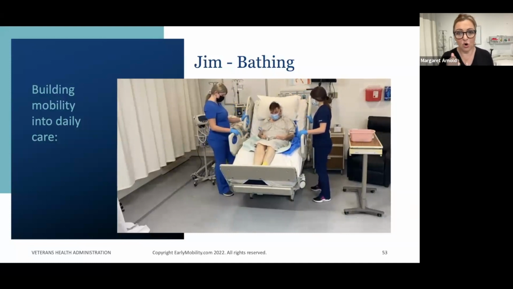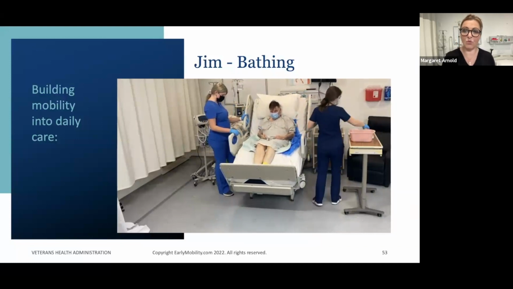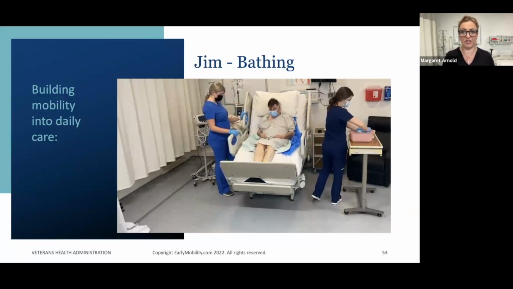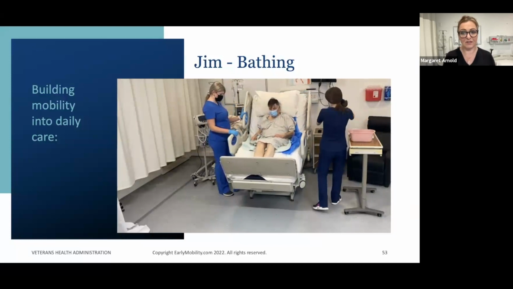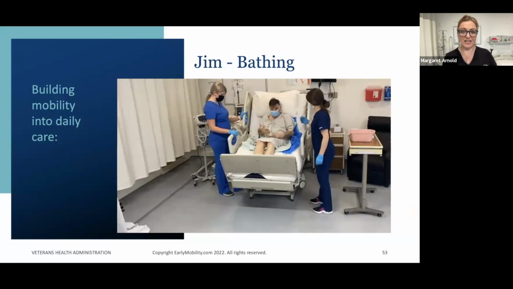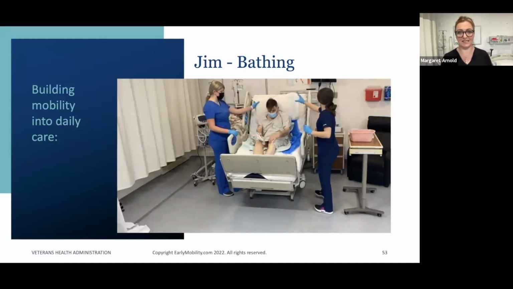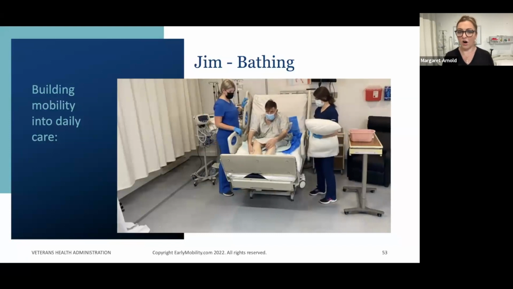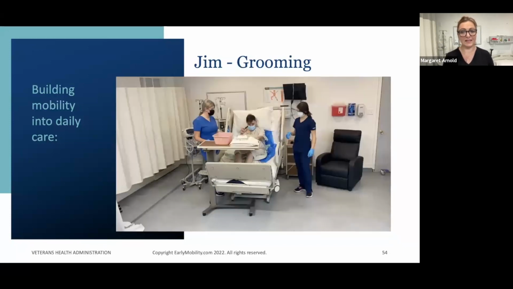Why not give him his own washcloth and have him wash the parts of his body that he can reach for himself? When he's on this slide sheet, he can shimmy his body side to side. He can work all the muscles of his body, even in a chair position in the bed. Grooming, same thing. Have him perform it independently.